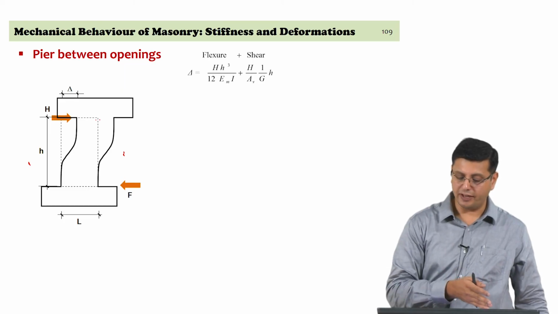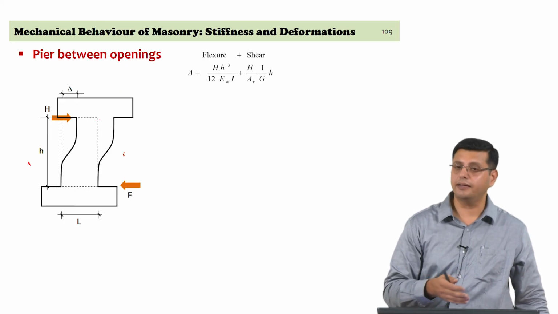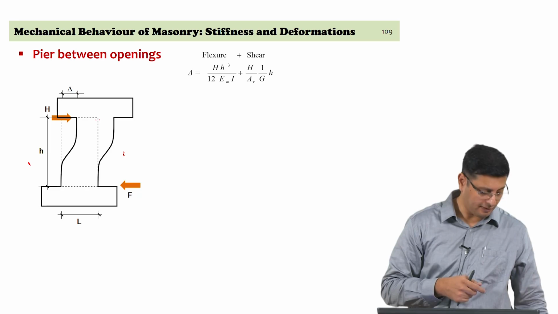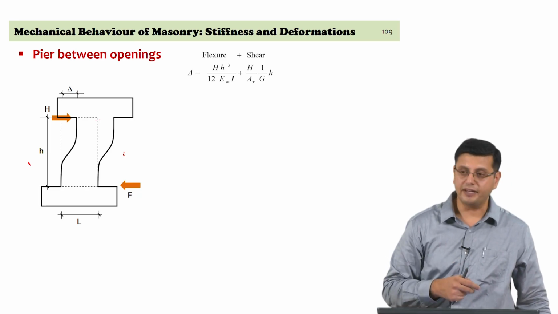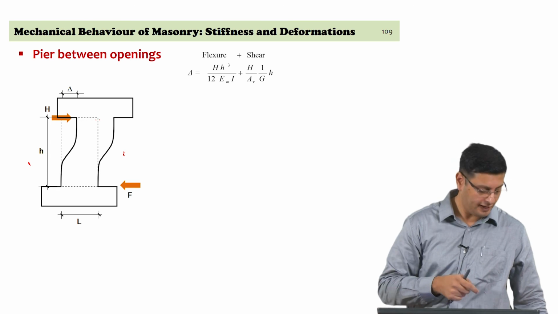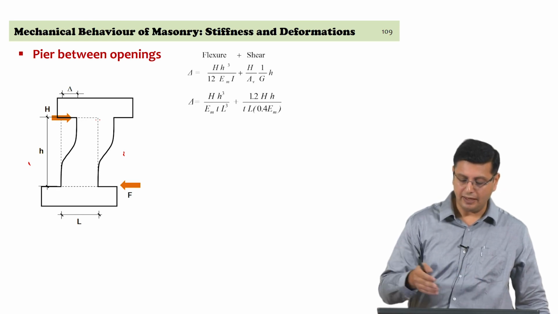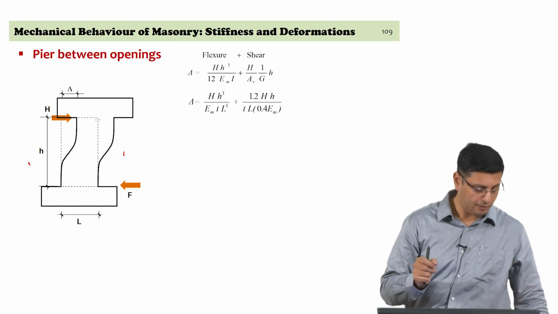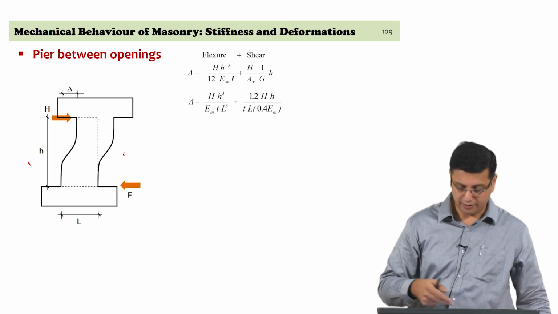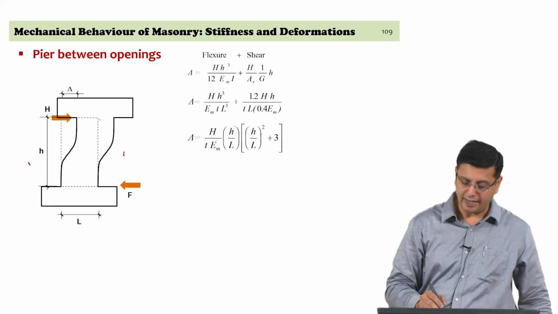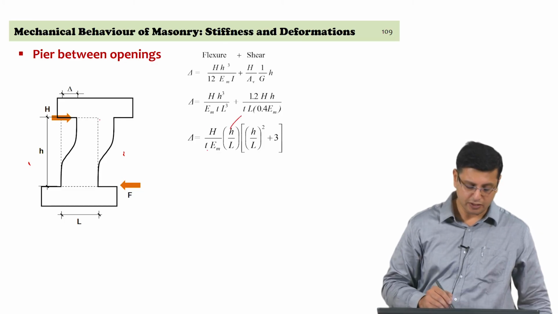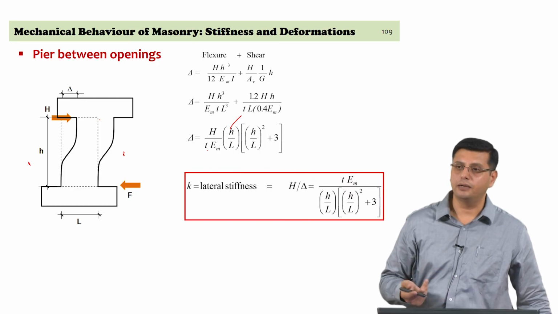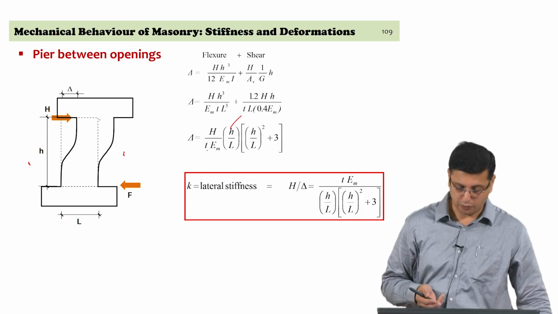So, here again you have a flexural component and the shear component, but given the fact that the wall is undergoing double bending, I have h cubed by 12EI as the estimate of the deflection due to the flexural mechanism, and we use the same expressions that we used earlier for the shear area and the shear modulus, and again simplifying and writing it in terms of the aspect ratio h by l, the geometry of the wall cross section, t, and modulus of elasticity. We have an expression in terms of either lateral deflection or lateral stiffness of the wall.